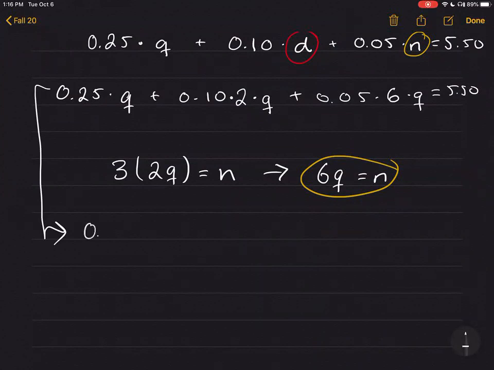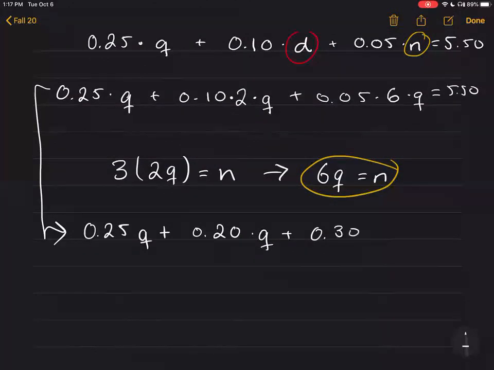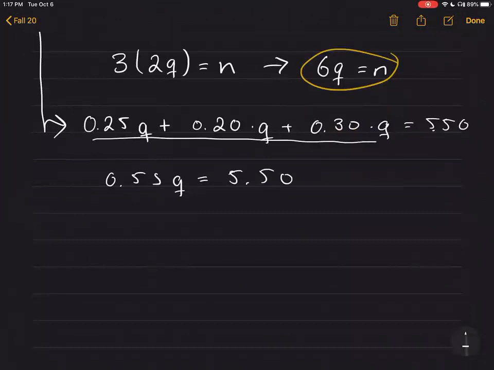So we still have 0.25Q plus 0.20Q, because 2 times 0.1 times Q, plus, let's see, 5 times 6, that's 30, this will be 0.3Q, right? Then if we add these up together, we get 0.55Q equals 5.50, right? So I just combined all these terms together.